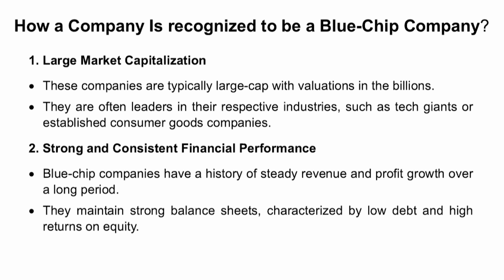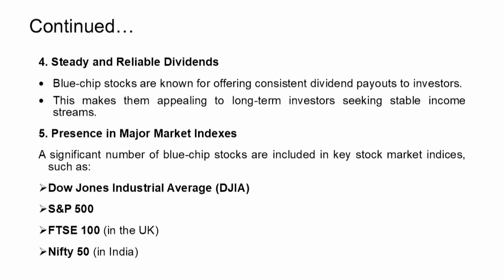They can also be recognized on the basis of the dividends or the profits that they share with their investors. Steady and reliable dividends are offered to investors in the case of blue chip companies. This makes them more appealing for long term investors.